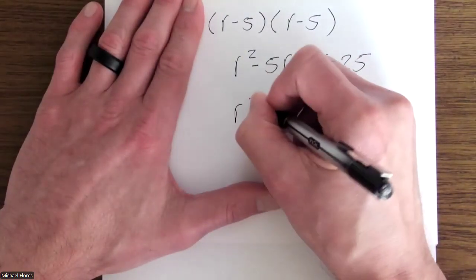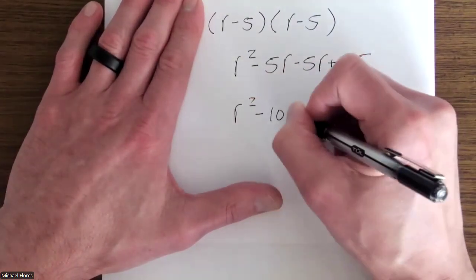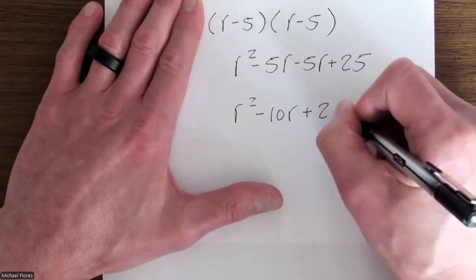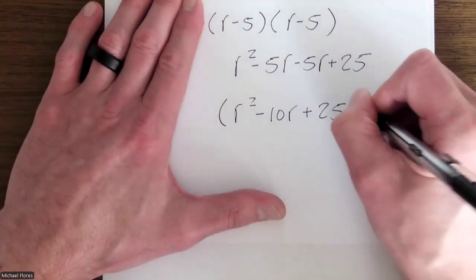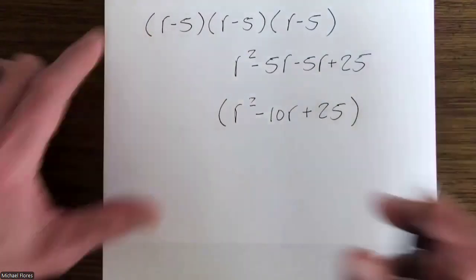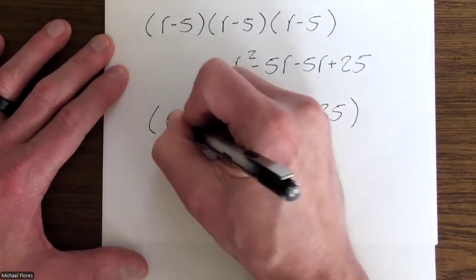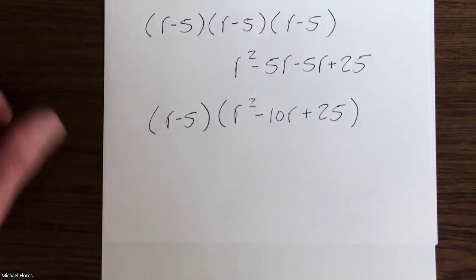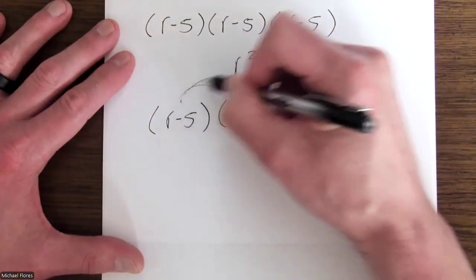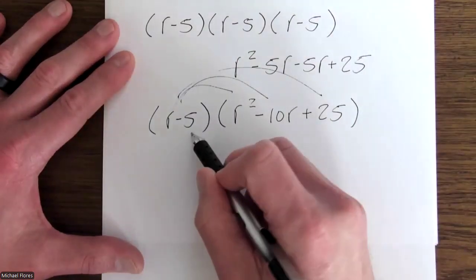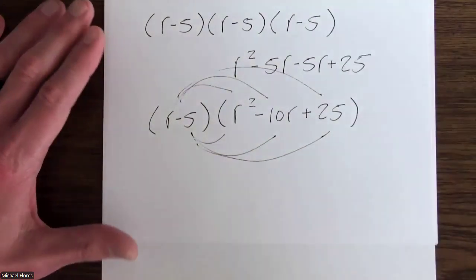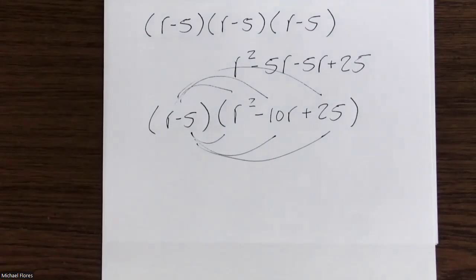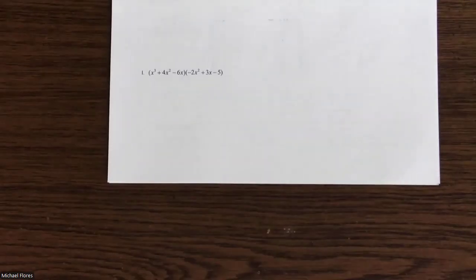Combine like terms. Wrap that in parentheses, and then let's bring back that other parenthesis that we covered up. And then you know what you do? That times that, times that, times that, and then this times this, times this, times this. Which, go for it, knock yourself out. And then check the answer key, see if you got it right.